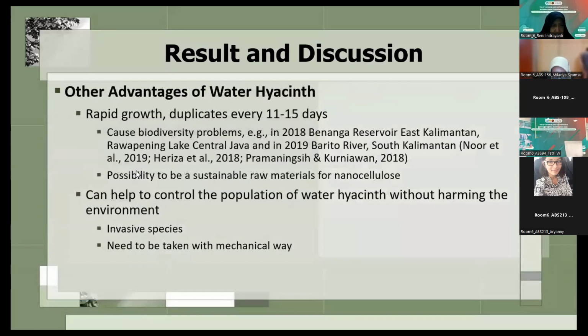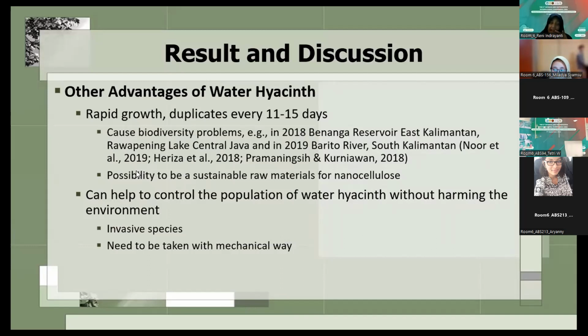Along with the high cellulose content and great physical characteristics, water hyacinth has other advantages such as rapid growth. It duplicates every 11 to 15 days and normally causes biodiversity problems. Because of this, it has the possibility to be a sustainable raw material for nanocellulose because the population most likely will not decline.